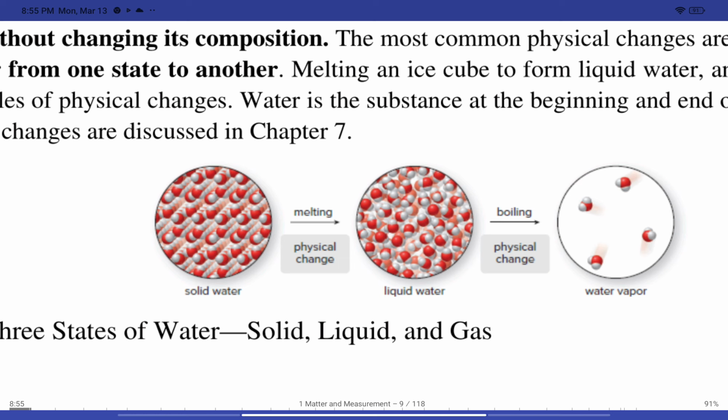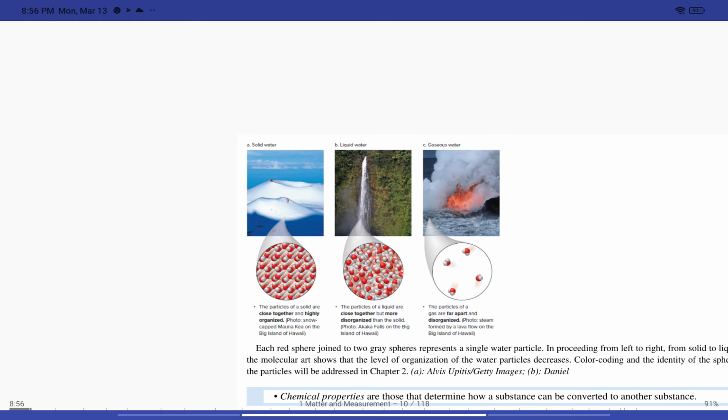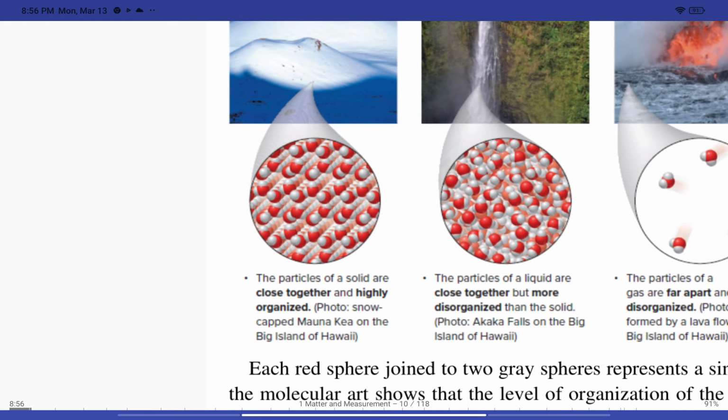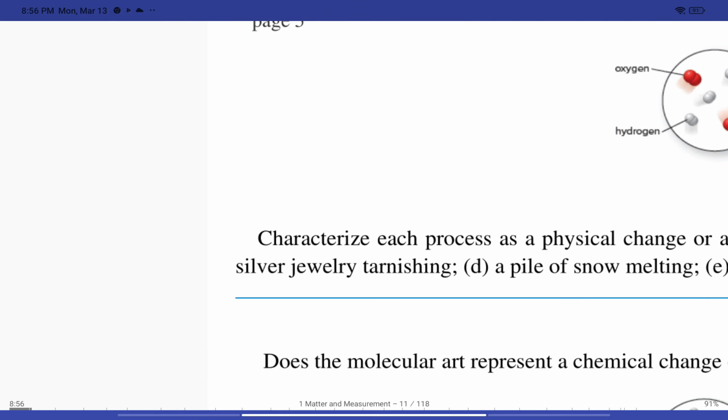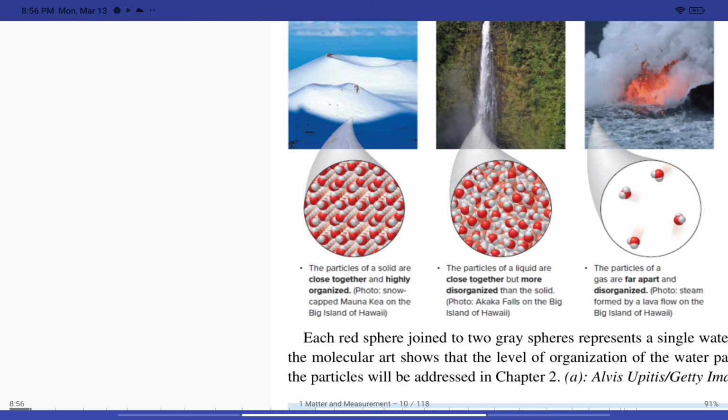The water now becomes water vapor, and you can see the arrangement of the atoms. Okay, the spaces are now bigger.